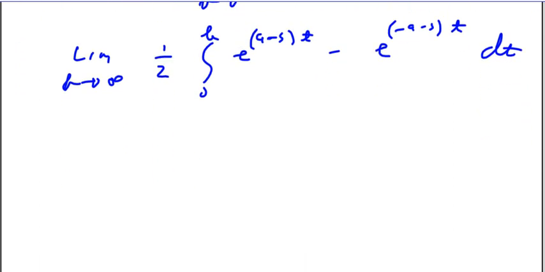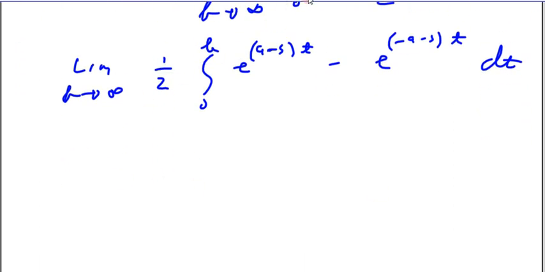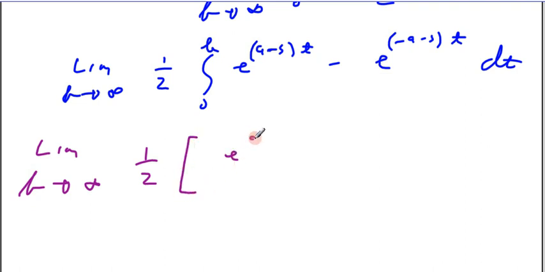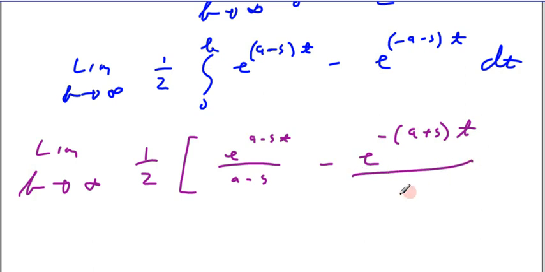Okay, so we got limit as b goes to infinity, 1 over 2, e to the (a minus s)t divided by a minus s, minus e to the (minus a minus s)t divided by minus a minus s.